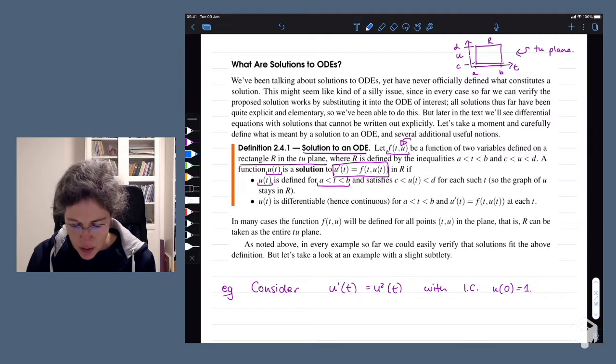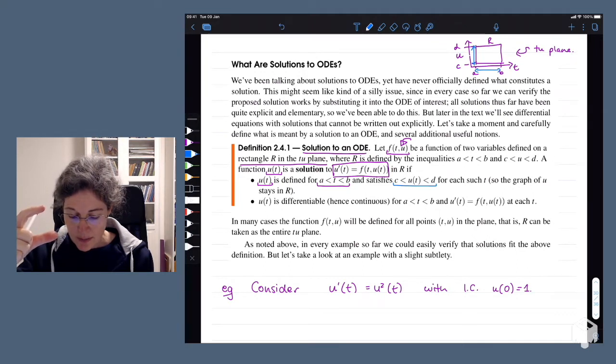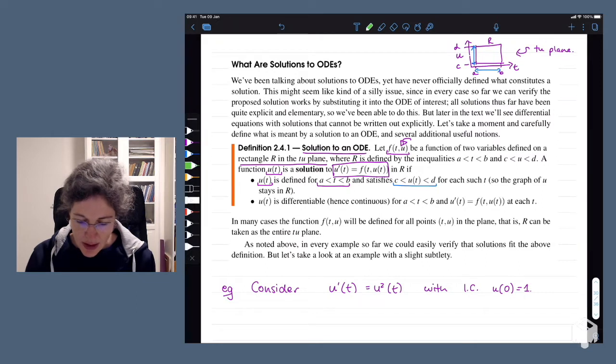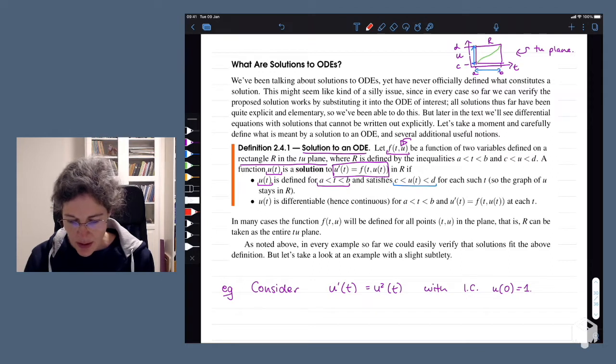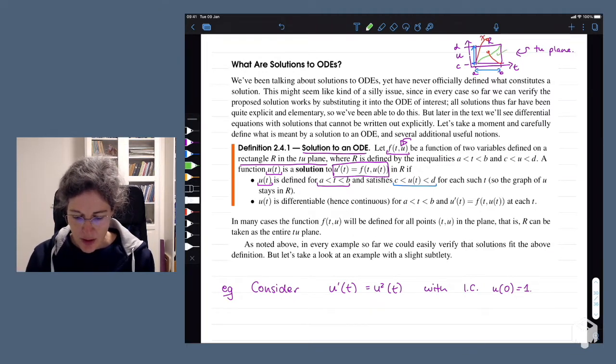So our solution has to be defined for all t values in that range, and it lies within the y range of our rectangle R. So basically something like that is great, something like that, which is not defined at all a and b, and also moves out of our R, is not okay. So that's not okay, but our green would be okay.